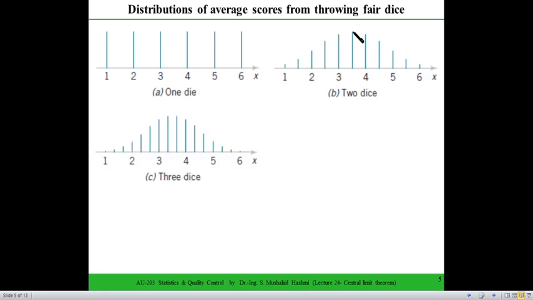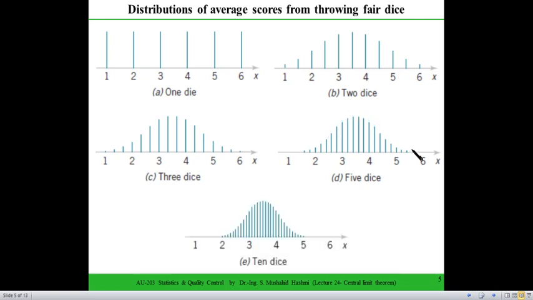Then if we throw 3 dice, the distribution looks close to a normal distribution. If you increase the number of dice, let's say to 5 dice, you have a better looking normal distribution. If you put in 10 dice, the probability distribution looks like a normal distribution.